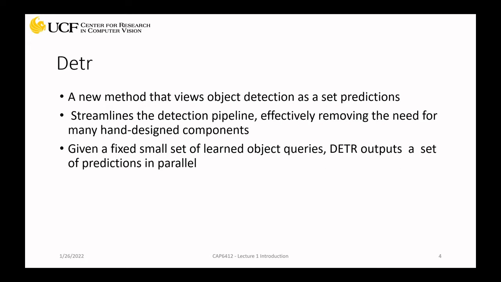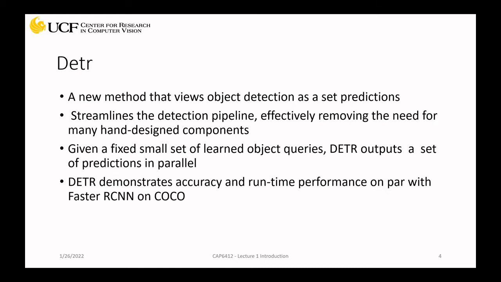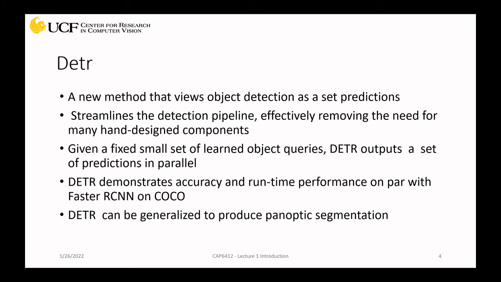It will output the set of predictions in parallel, all the objects which are present in the image, and it will have these learned object queries, and we'll show you how this works. It performed pretty well, on par with Faster R-CNN on the COCO dataset. And it can be generalized also for panoptic segmentation.